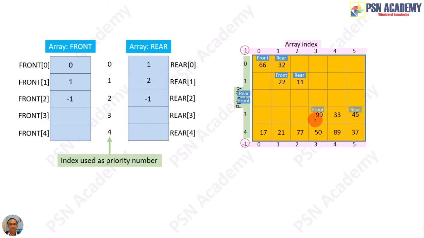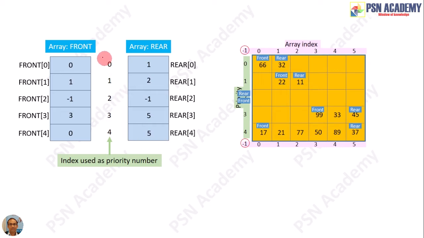For priority 3, the front is at cell 3 and rear is at cell 5. So right here 3 and 5. And for priority 4, the front is at cell 0 and rear is at cell 5. So here you write 0 and 5.